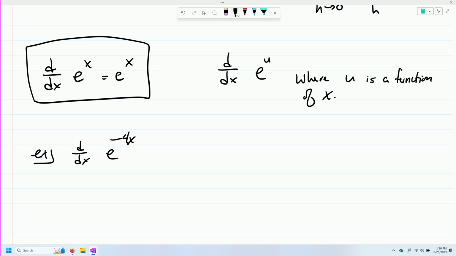Well, in this case, we need that chain rule. Anytime you take the derivative of e raised to a function, you're always going to be doing the chain rule no matter what.